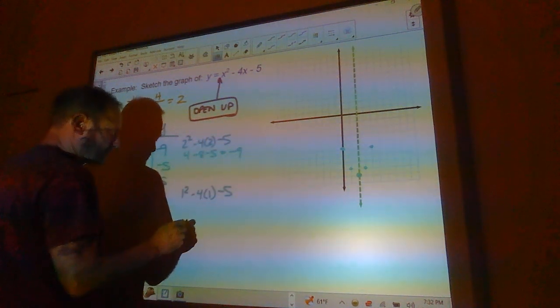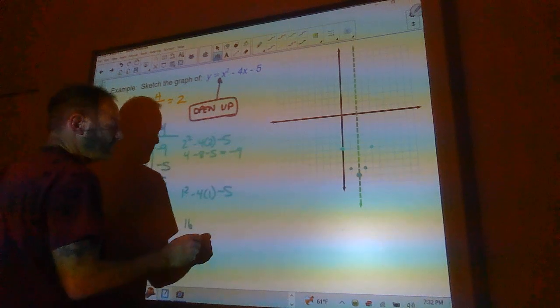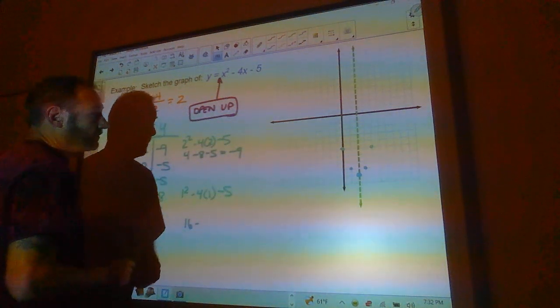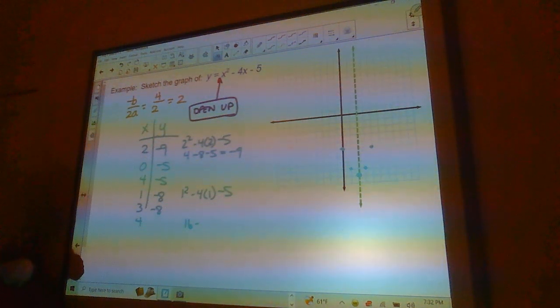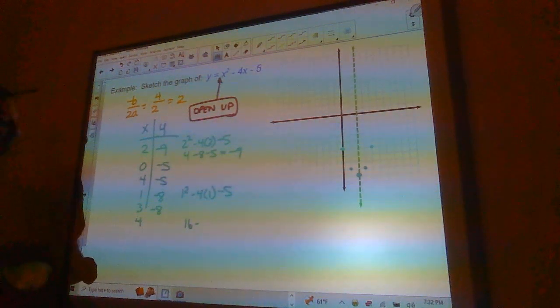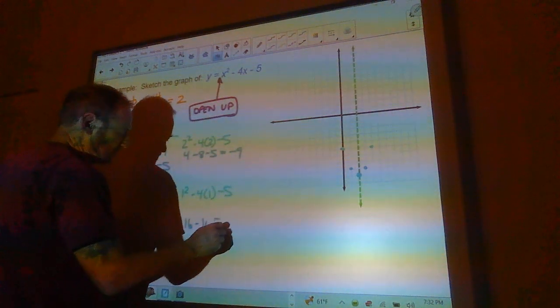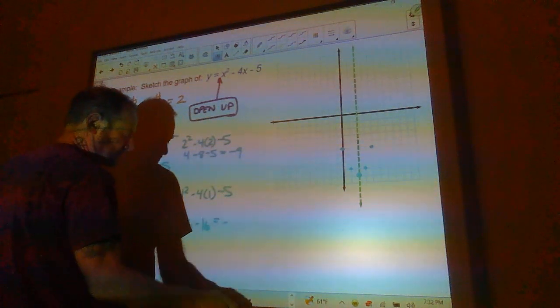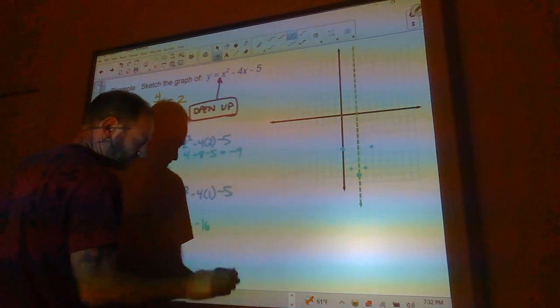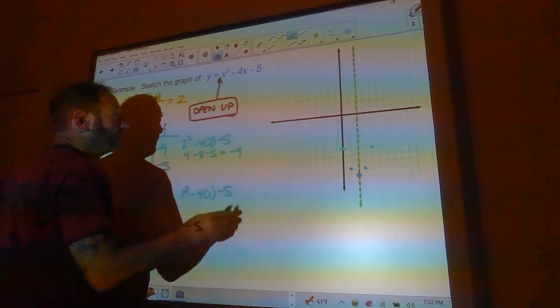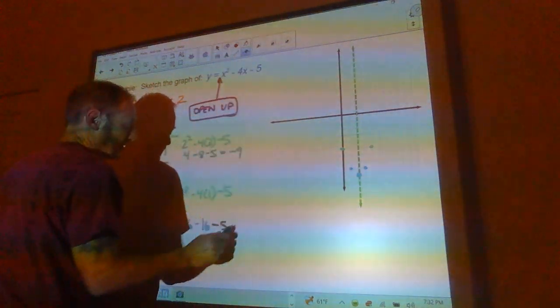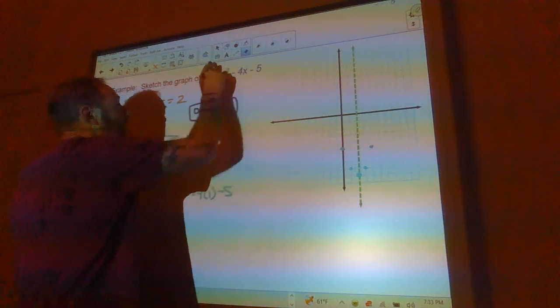So that'd be 4 squared would be 16 minus 4 times 4. Oops, that's not going to work. 4 squared is 16 minus 4 times 4 is 16 minus 5.